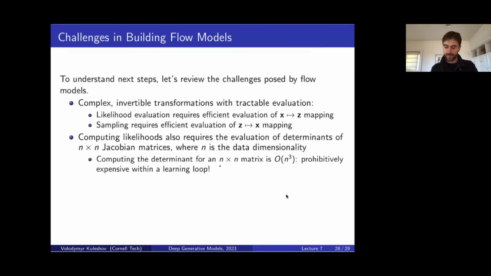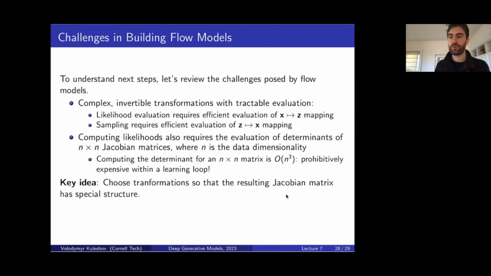Normally, this is an operation, by the way, that takes n cubed time. So taking the determinant of a matrix is n cubed time. So when we design normalizing flows, the main challenge we're trying to solve is to define functions f for which the determinant can be computed more efficiently than in n cubed time.